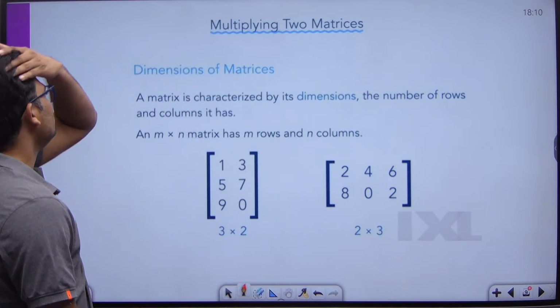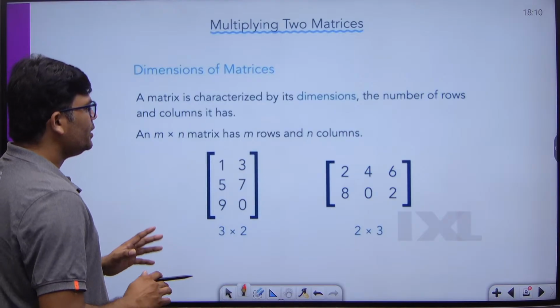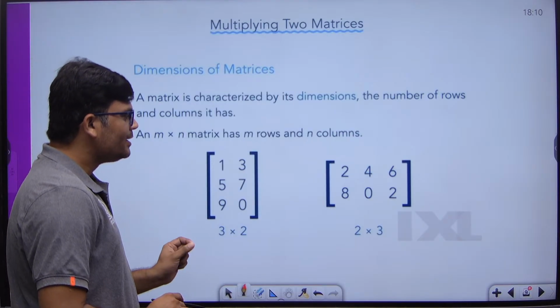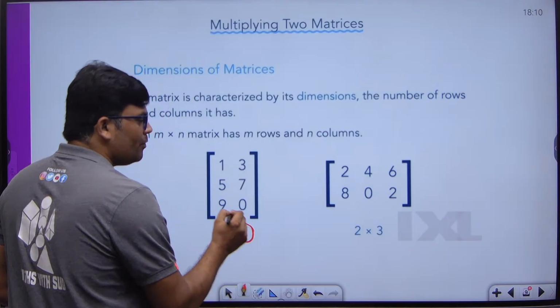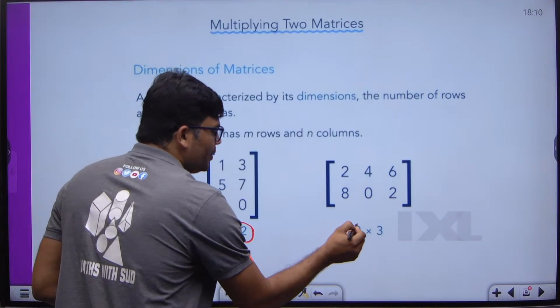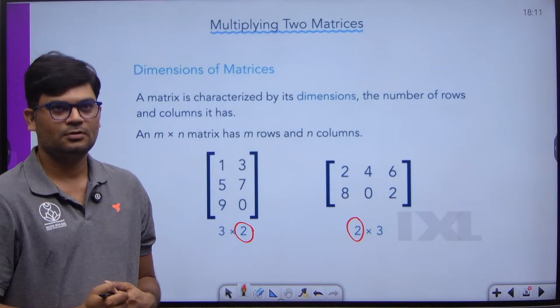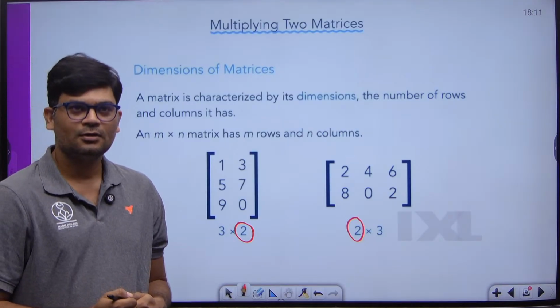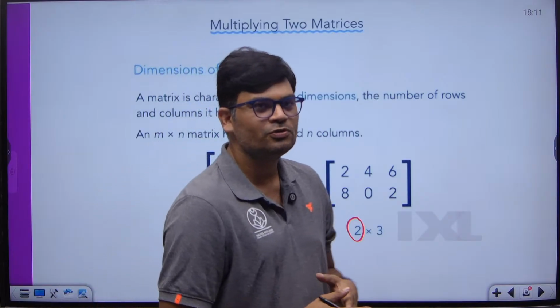Now multiplying two matrices. There is a rule. What is the rule? Two matrices can be multiplied only if the number of columns of the first is equal to the number of rows of the second. Alright? So how to remember it? For example, suppose in the examination you just forgot.